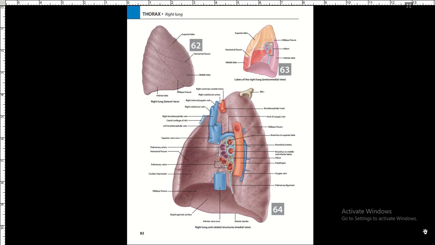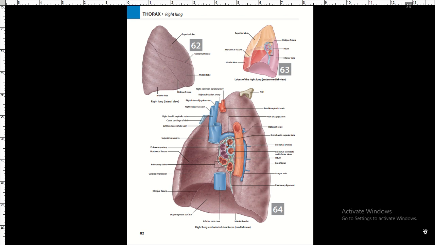As you know, the lungs are found in a space called the pleural cavity, surrounded by a fluid called the pleural fluid, and the lung is lined by visceral pleura, not parietal pleura, right?